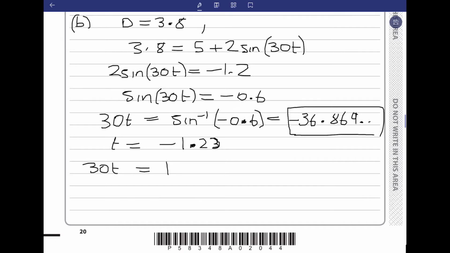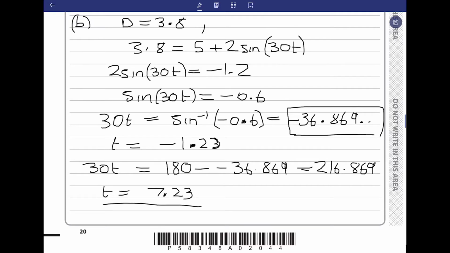So it's 180 minus minus 36.869, which gives us 216.869. And then let's try dividing that by 30 and see if it's within range. This is going to give us 7.23.